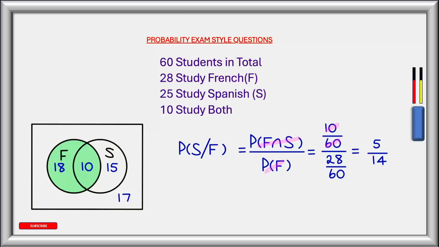So in this region, we have two numbers, 18 and 10. If we sum these, we get 28, and divide this by the total in our sample space, which is 60, we get a probability of 28 over 60. And simplifying this, we get 5 divided by 14. And this is the probability that a student studies Spanish given that they study French.